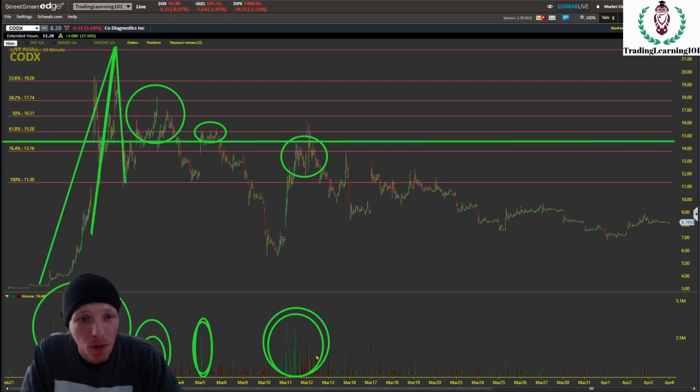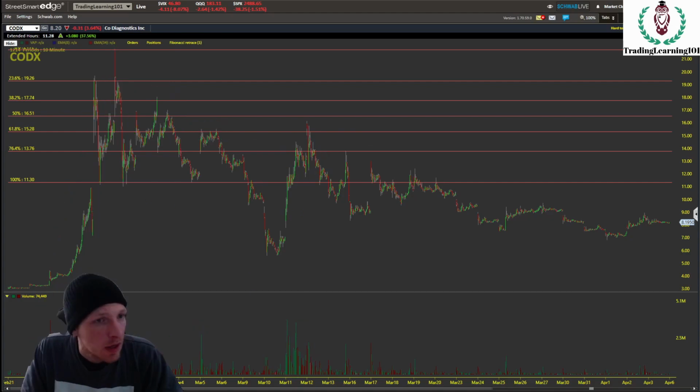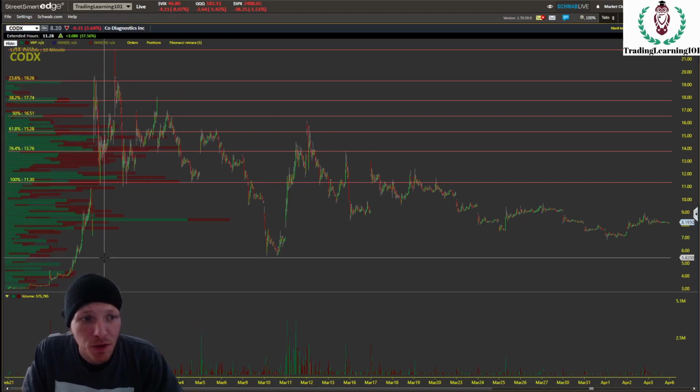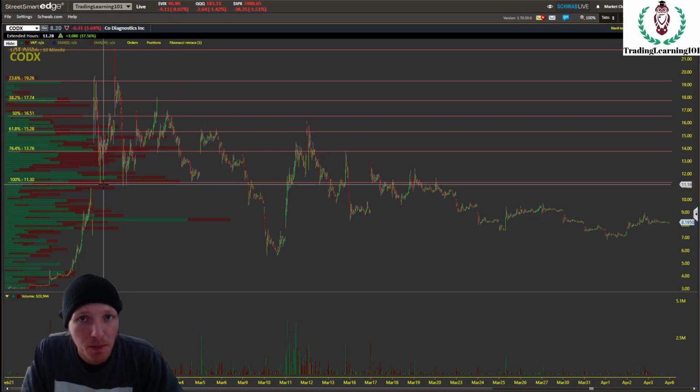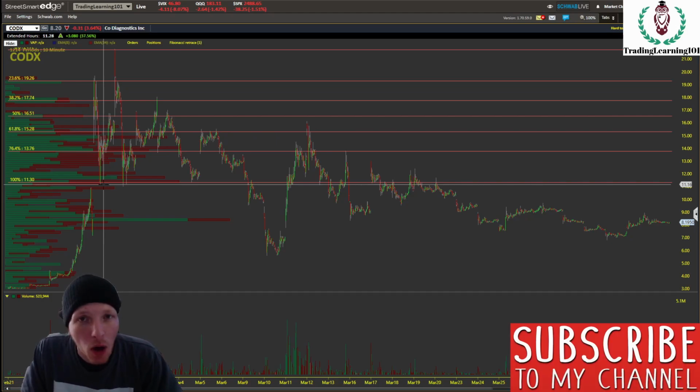In other words, doing this is also just another way of using volume profile. Volume profile, volume at price, whatever you call it. It's all about paying attention to detail when doing technical analysis and looking at it as an art form. This isn't a science. It's not going to be perfect.